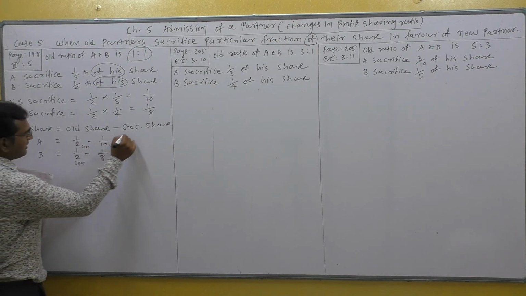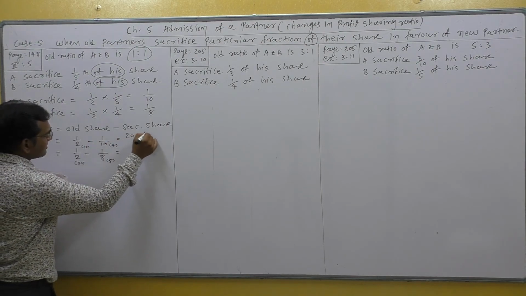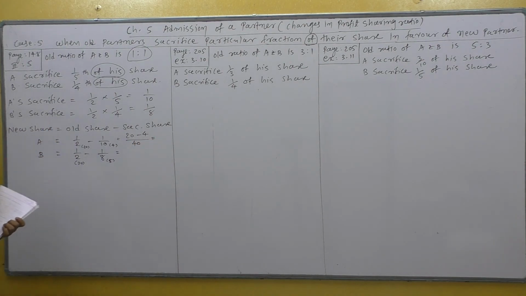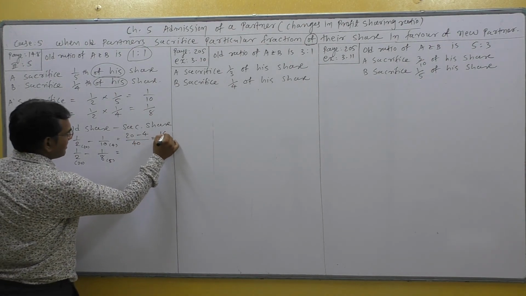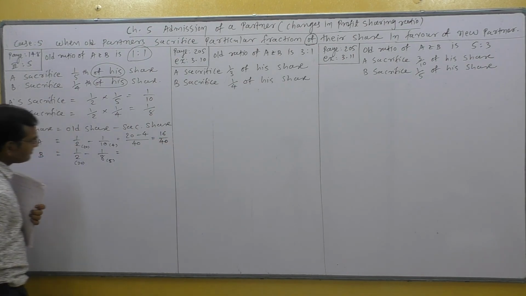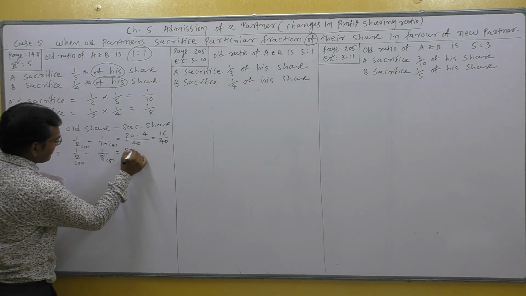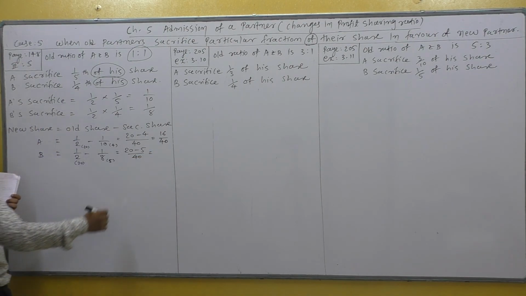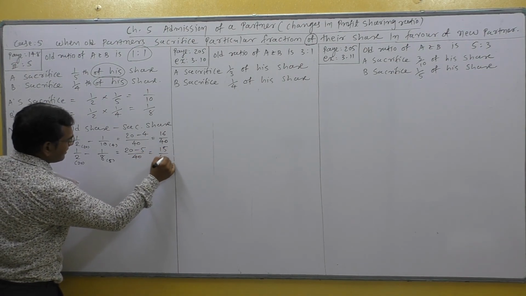Now 20 minus 4 divided by 40. 20 minus 4 is equal to 16/40. Understand? And here 20 minus 5 divided by 40, so it is equal to 15/40.